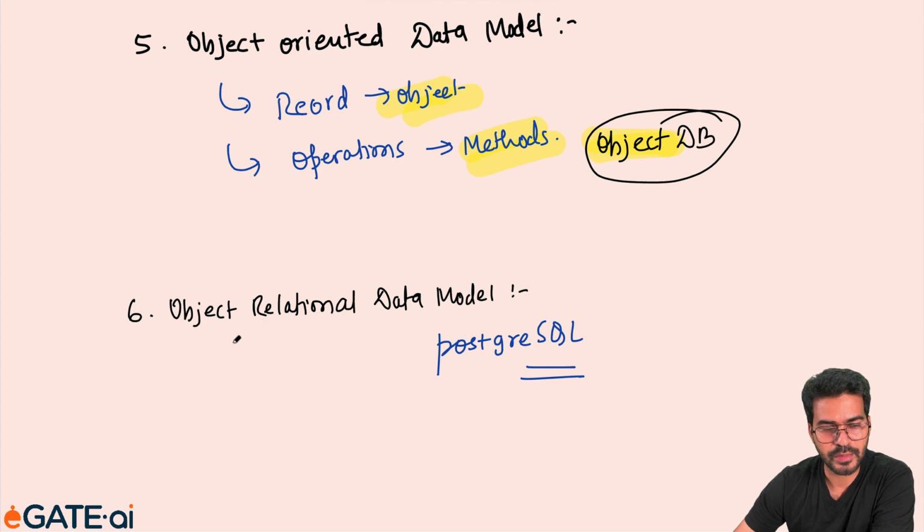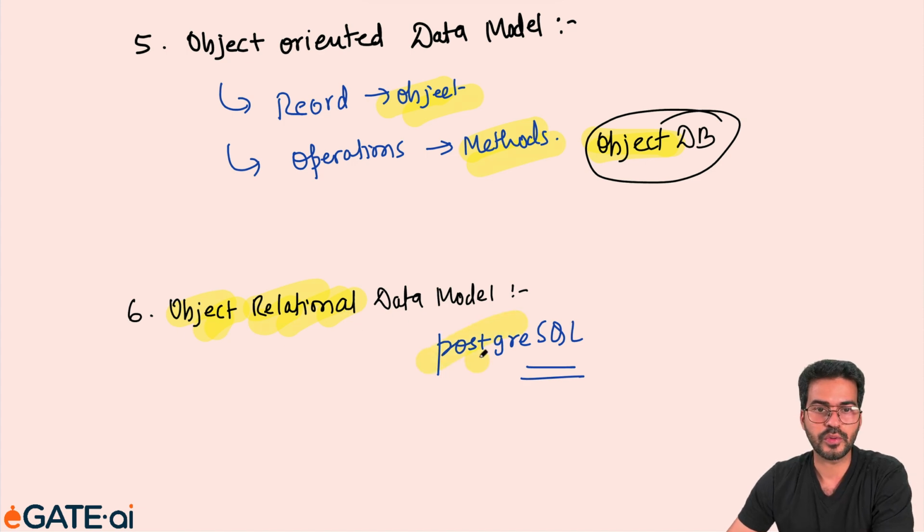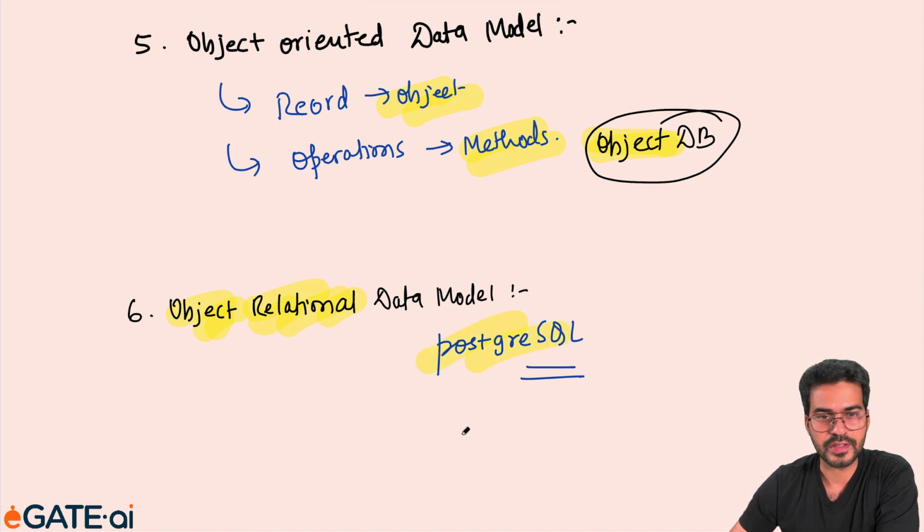This was a very smart proposition. It utilized object oriented concepts to get the advantage of object oriented modeling, and it also utilized the relational model. PostgreSQL utilizes this object relational data model.